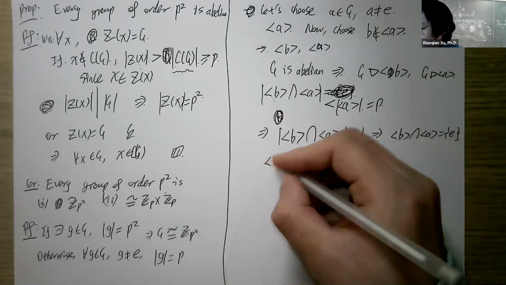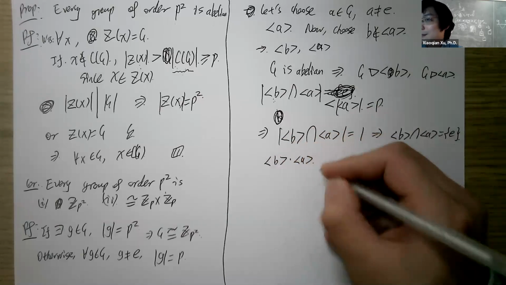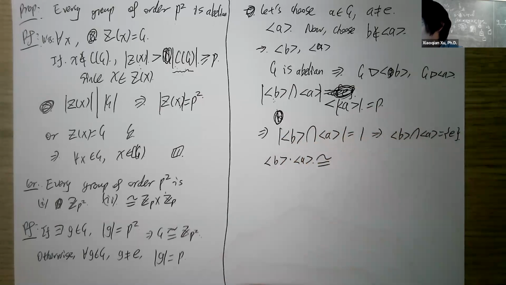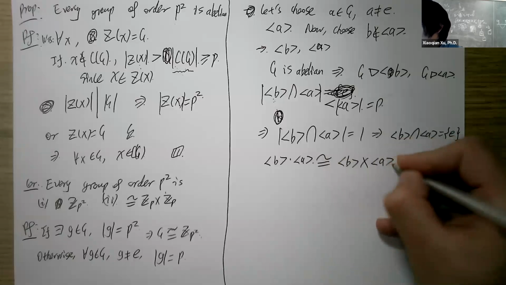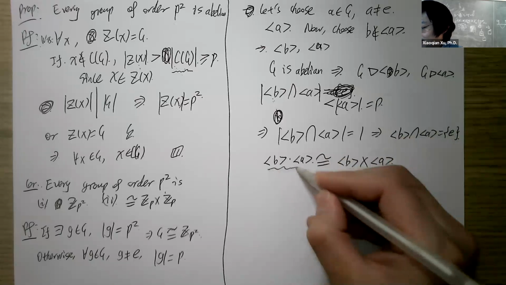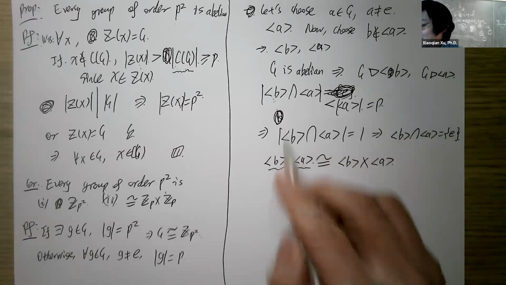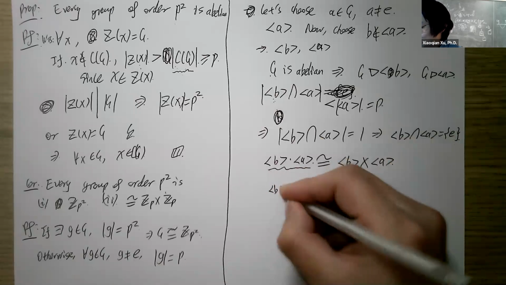So that means the product of the two is isomorphic to their direct product. Now the last step is we only need to show this is actually equal to G. Why is that?